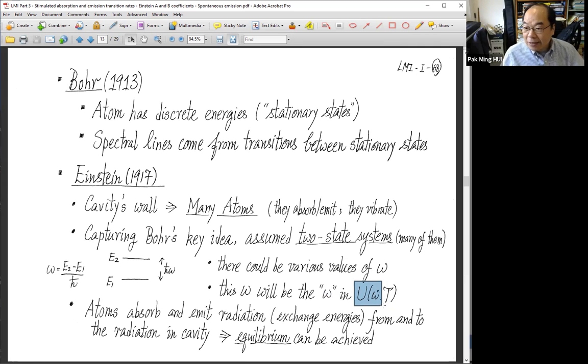This is exactly the U of omega in the formula that we derived, all right? But because we are also doing statistical mechanics a little bit, I also include the temperature here. But basically, when we see U of omega, it is the same thing as we used in our previous formulas.